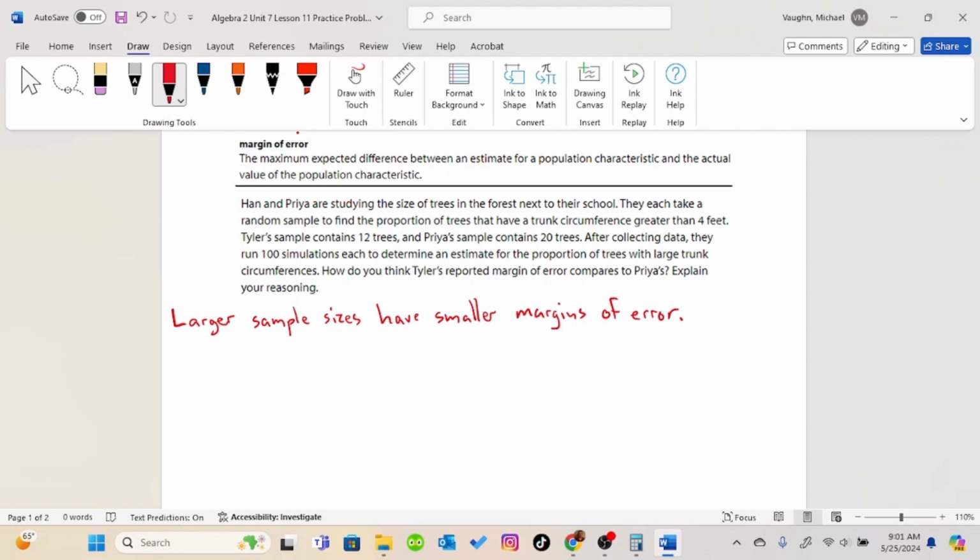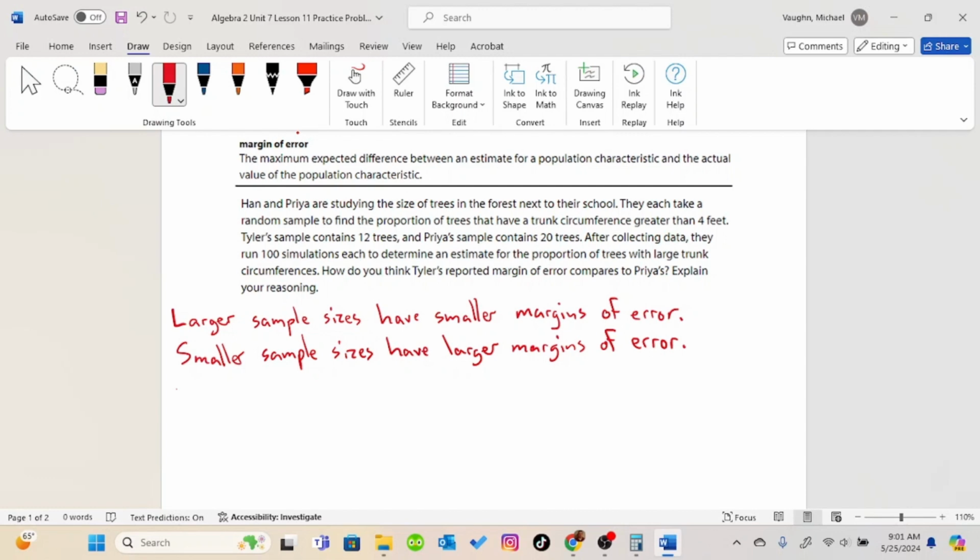And the opposite is also true. Smaller sample sizes have larger margins of error.